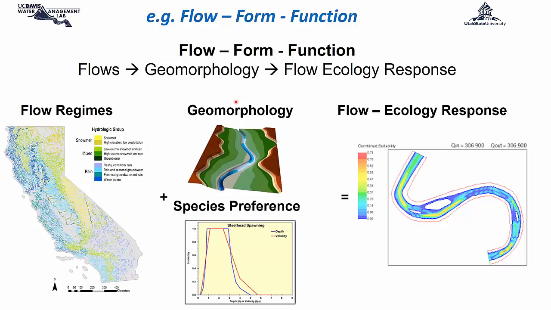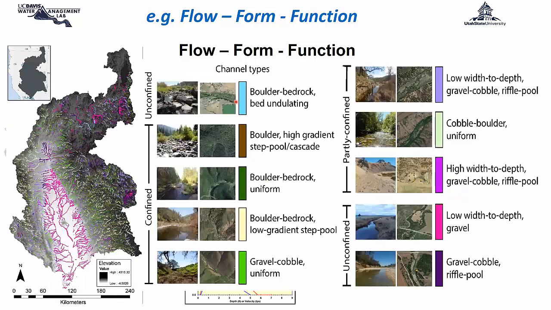So we have generated ways, we have actually gone through the field, did a lot of surveys and then generated classifications to estimate how rivers look differently throughout the river network. From having rivers that are step pool cascades.